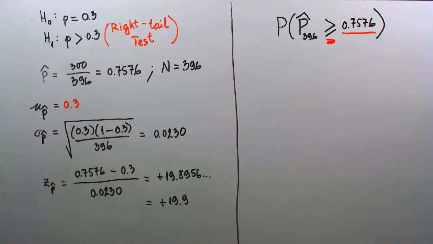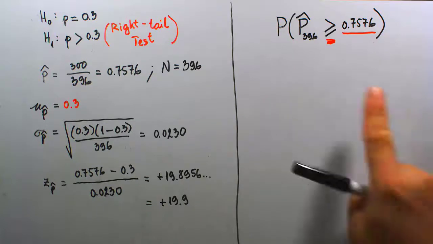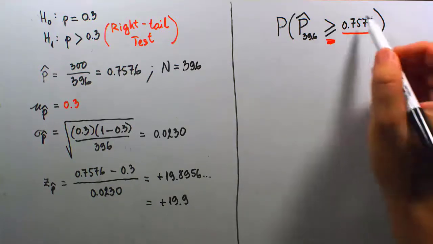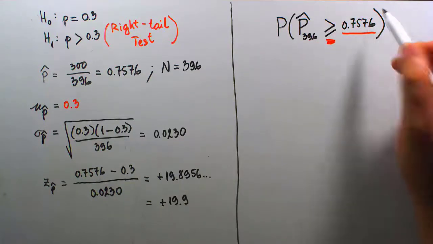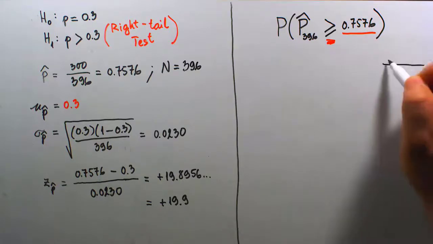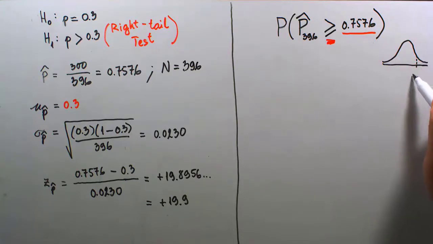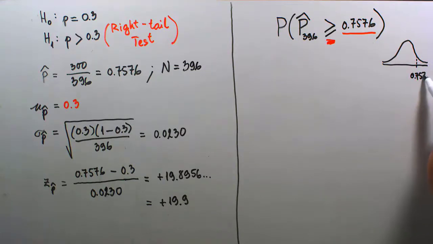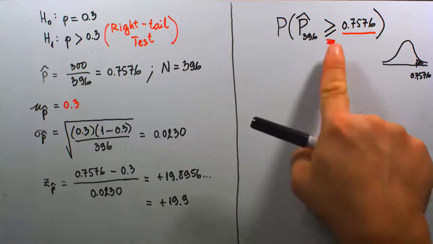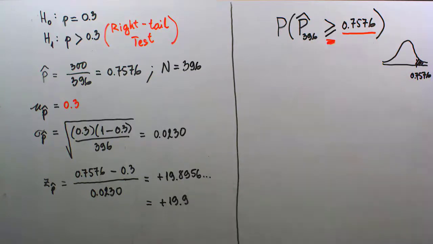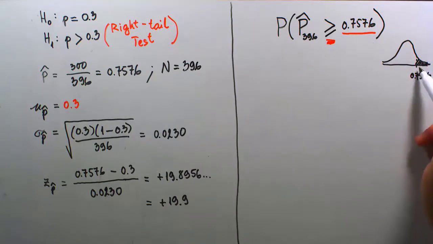Now, to calculate this probability, imagine a bell curve of all sample proportion values, where 0.7576 is somewhere, and here we are finding the area shaded to the right hand side of the value 0.7576.